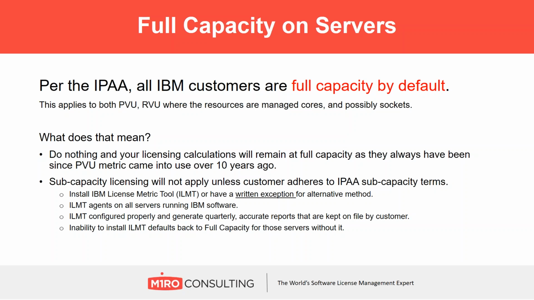If it never gets the license definitions, it won't work. So you could use all these excuses, but IBM's response is you're full capacity. Or you use something else, like if you want to have an idea for a different tool or alternative method, you could ask IBM for an exception, and they will grant it in writing if they give it to you. But if you do nothing, you're going to remain at full capacity.